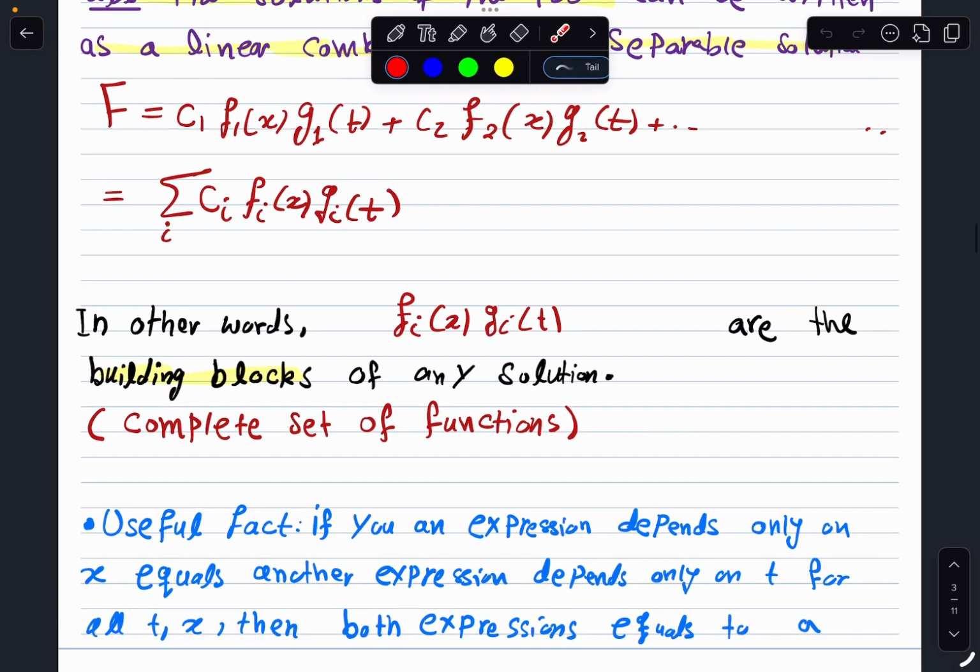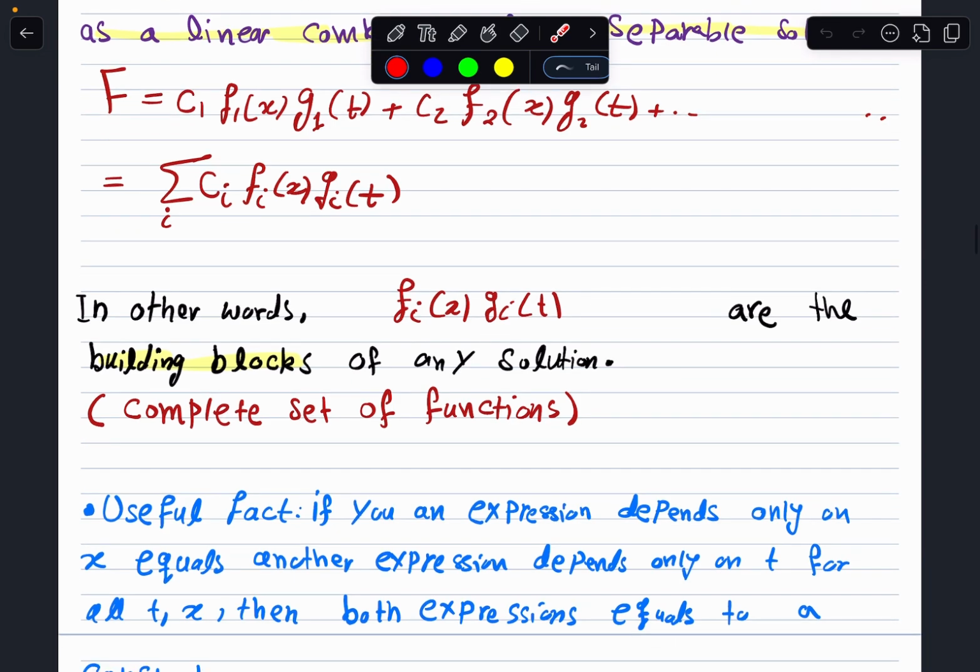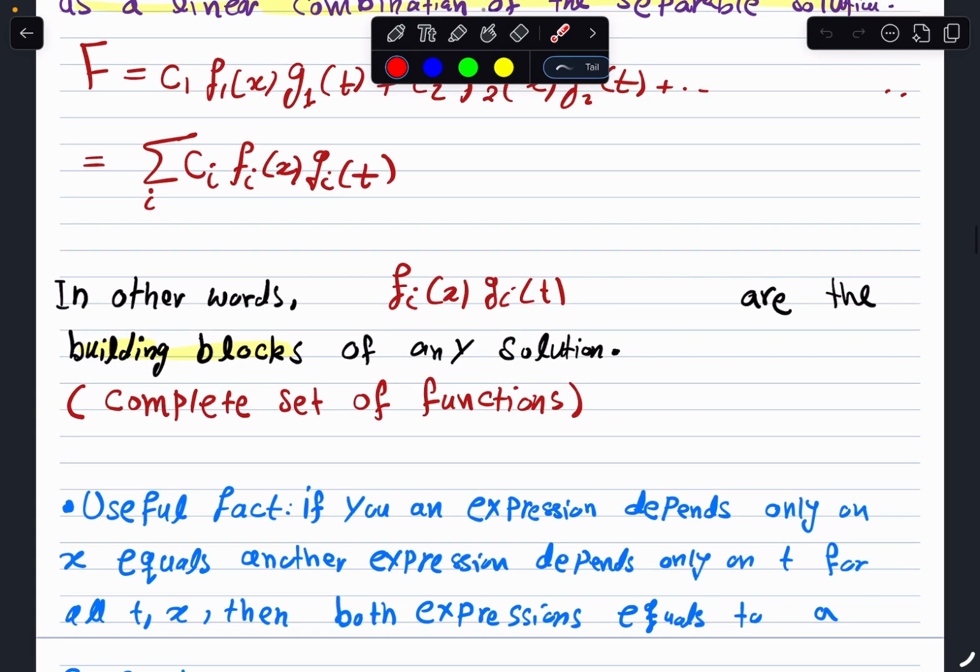Now, a useful fact before we go to an example of solving the PDE using separation of variables is this fact. It is intuitive, but let me just write it explicitly to be clear. If you have an expression that depends only on x on one hand, and on the other hand, equal to it, another expression that depends only on t, for all t and x, then both expressions must be equal to a constant.